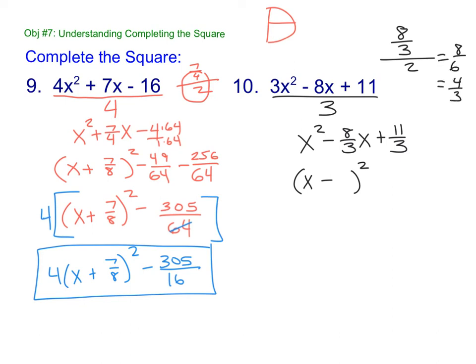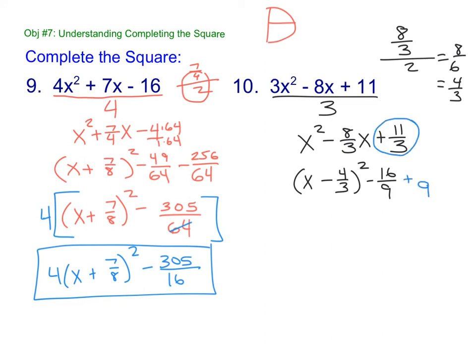I'm going to simplify it. So we have an extra 4 over 3 squared in the problem, so we subtract it. 16 over 9. Then I have to take my 11 over 3, combine that in there.